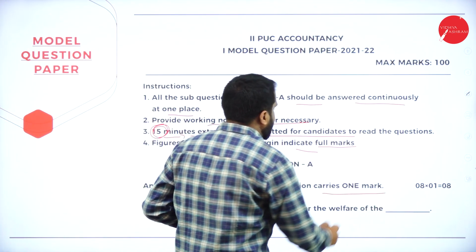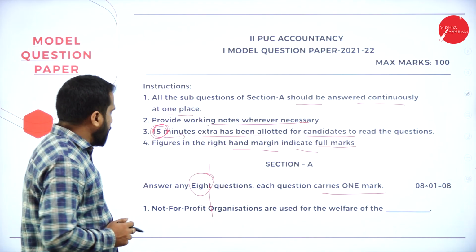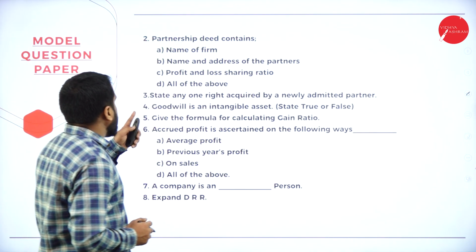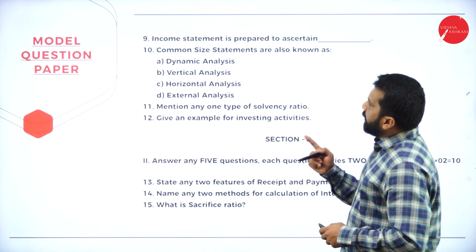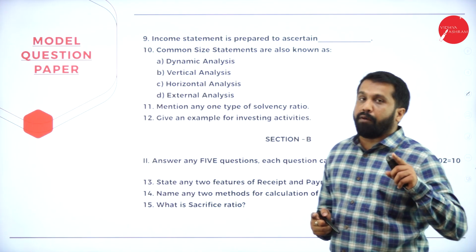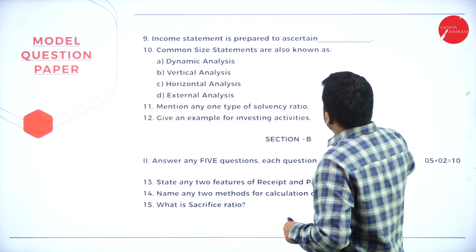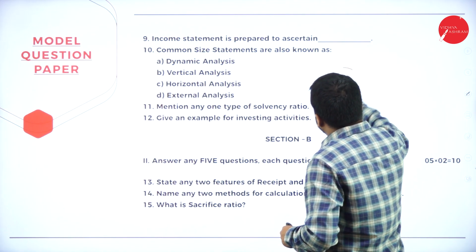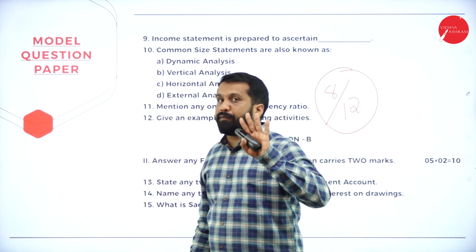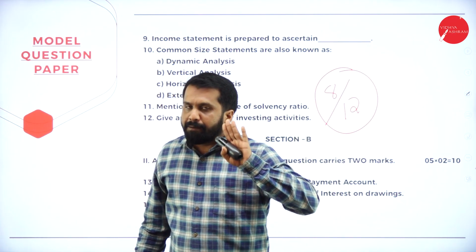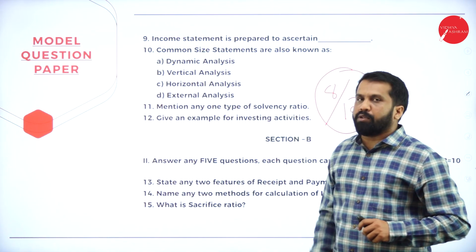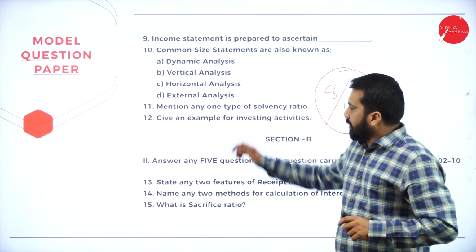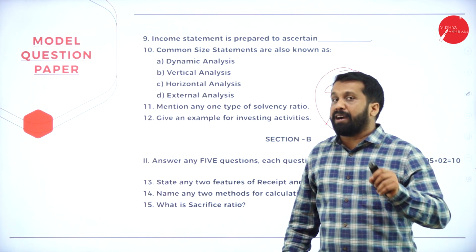Each question carries 1 mark. Out of 12, you are supposed to attend any 8. So, you can skip 4 questions. Clear? But as I told you, start part A, complete it, then come to part B. If it is incomplete, leave space and come to part B.